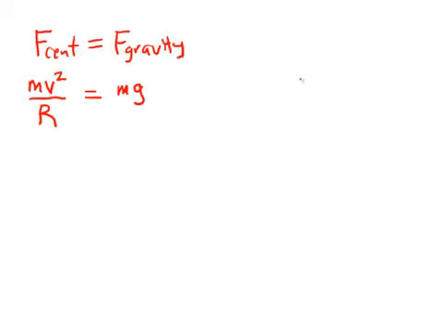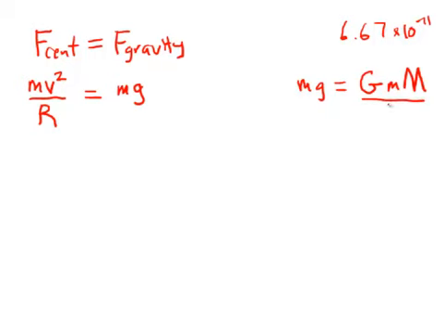gravity, and that is that the weight experienced at any given point is equal to a capital G. That's the gravitational constant, which is 6.67 times 10 to the negative 11th, times the mass of the object, times the mass of the planet, which I abbreviate with a capital M because that's usually much bigger than lowercase m, and divided by the radius squared.